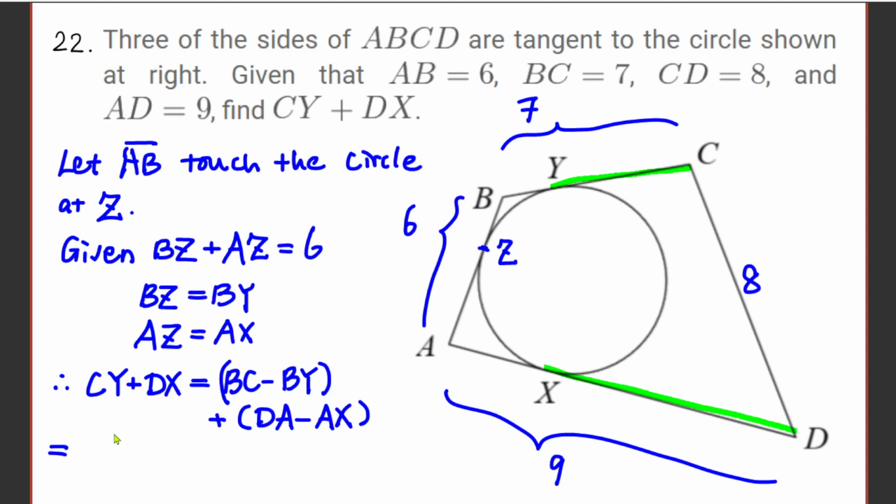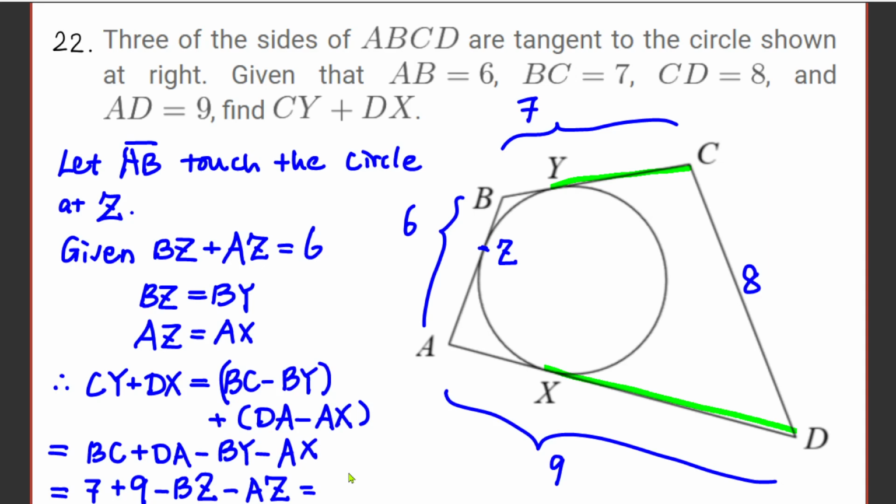And rearranging this gives us BC plus DA minus BY minus AX. And we know BC is given, which is 7. DA is 9, right? Then minus BY. BY is actually BZ. And then minus AX. AX is actually AZ.